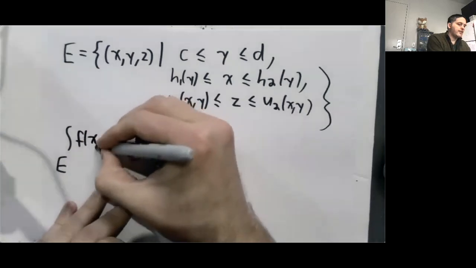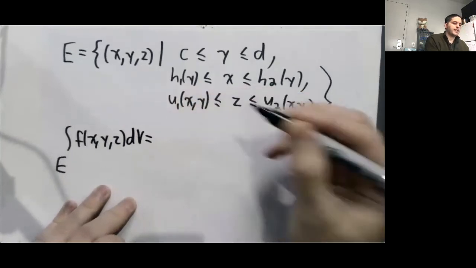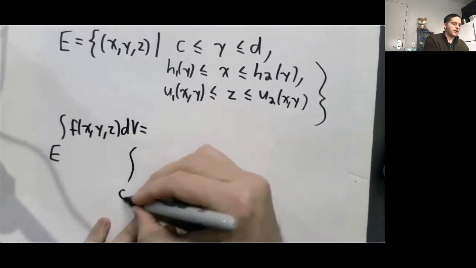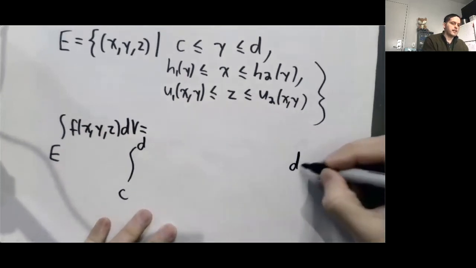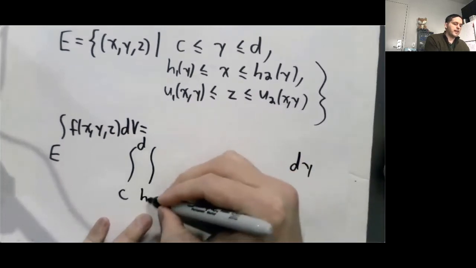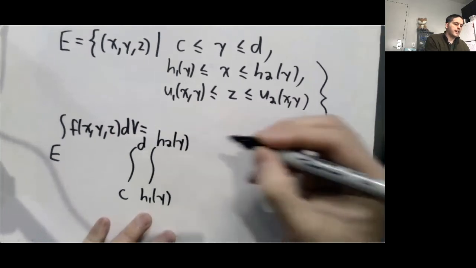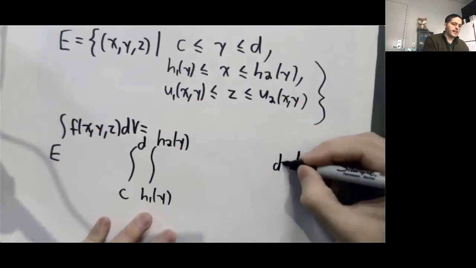and the outermost integral is going to be from c to d, and it's going to be with respect to y. The next integral is going to be from h1 of y to h2 of y, and it's with respect to x.